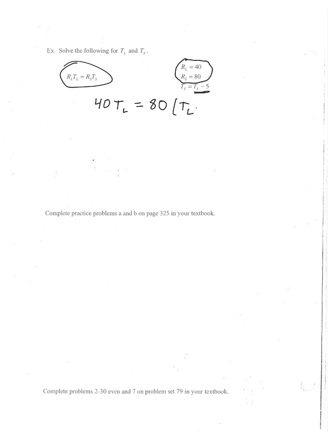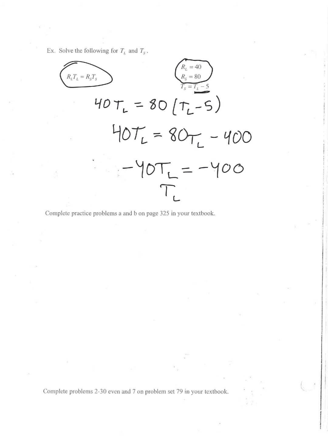The reason I'm doing that is because now I have an equation where I can solve for T sub L. So I'm going to go ahead and do that. So I got T sub L equals 10.